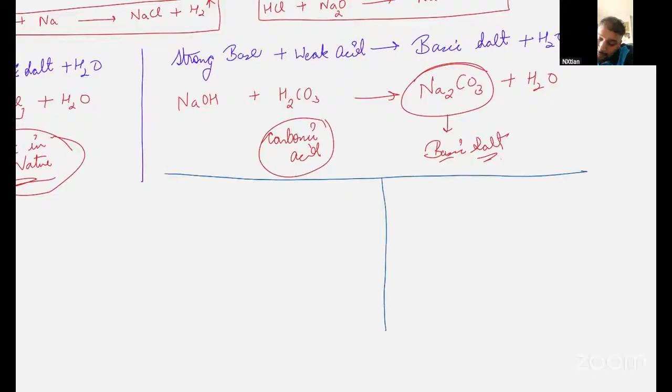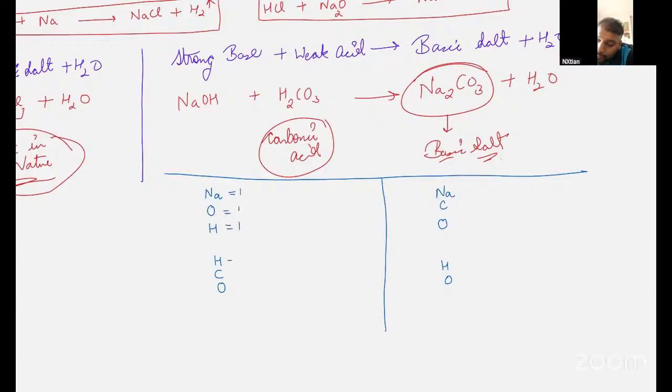For example, Na, O, and H are all in one compound, so I will write them near each other: Na, O, H. Then H2, C, and O3 are a different compound, so I will make a space and then write H2CO3. Did you understand? Now Na is 1, O is 1, H is 1.